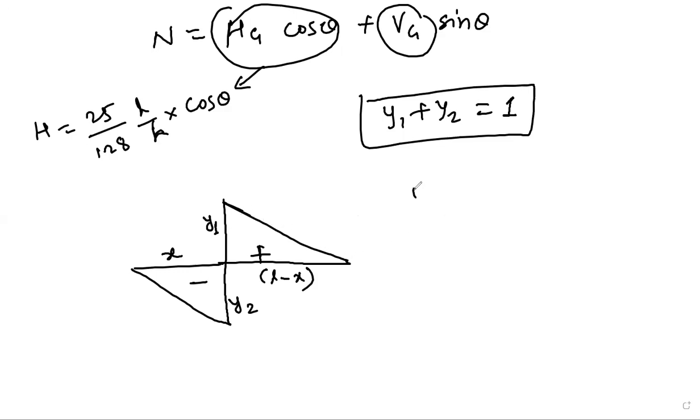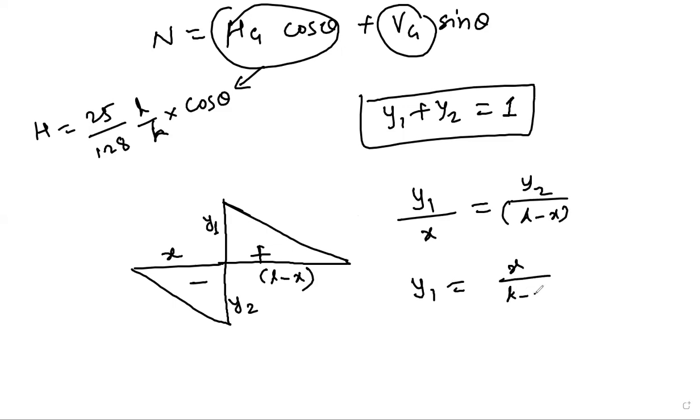So by using similar triangles, y1 by x is equal to y2 divided by L minus x. After simplifying, y1 is equal to x by L minus x into y2.